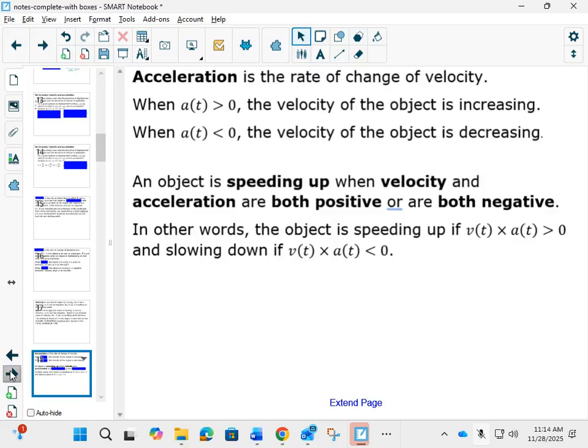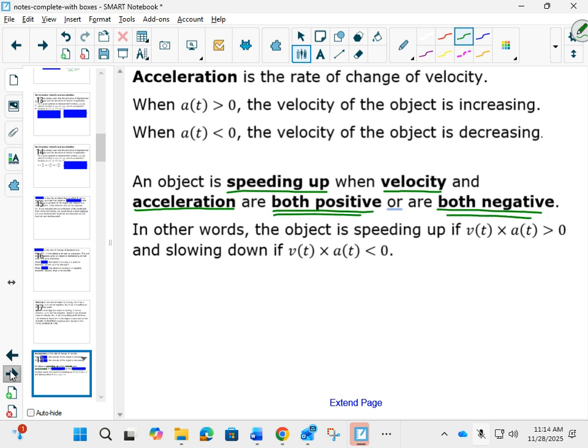So here's the key thing, okay? Something is speeding up when velocity and acceleration are either both positive or both negative. And it's the negative ones that throw you off. If you have a negative velocity, it just means I'm going in this direction instead with a certain speed.